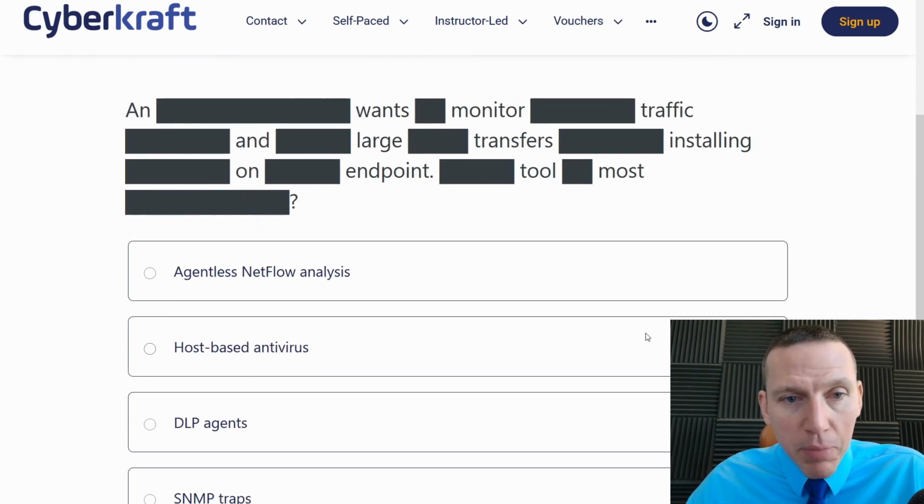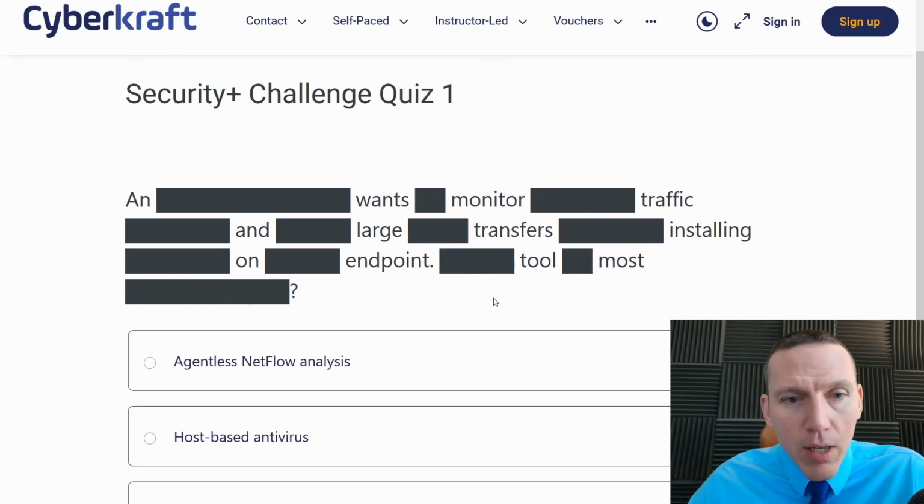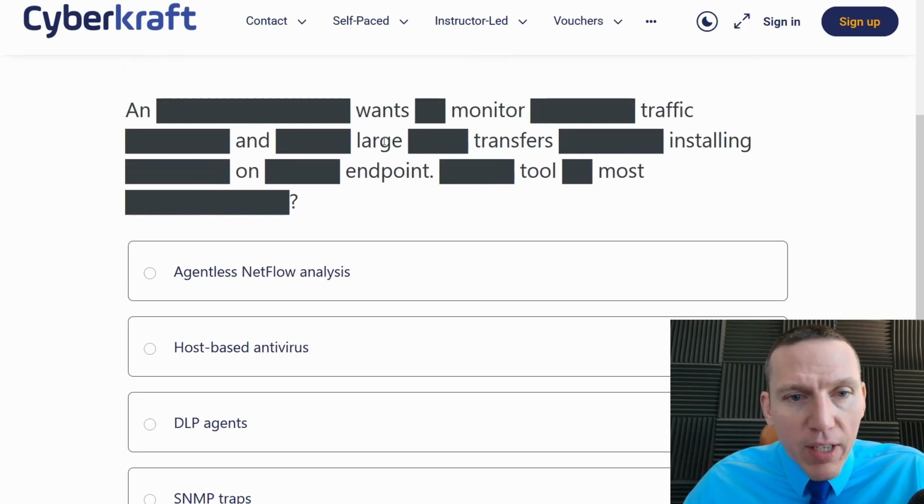Okay. A blank wants blank monitor blank traffic and blank large blank transfers, installing blank on an endpoint. Something tool is most appropriate. Which tool is most appropriate? Okay. Wants to monitor traffic and large data transfers, something installing blank on an endpoint.